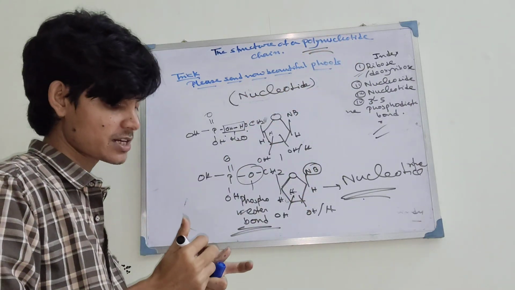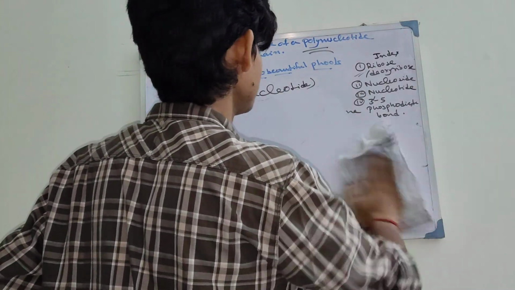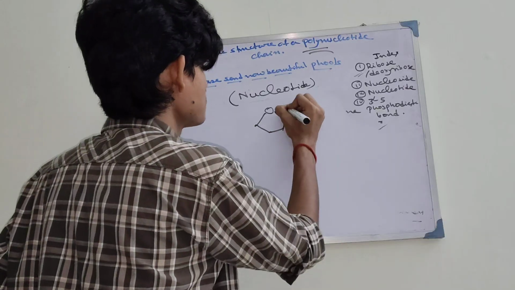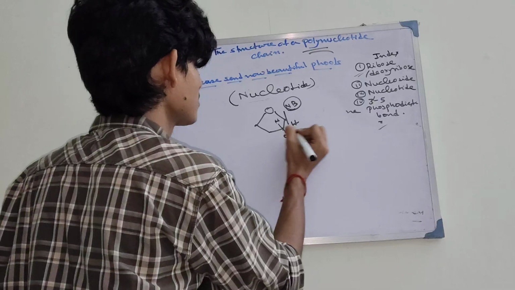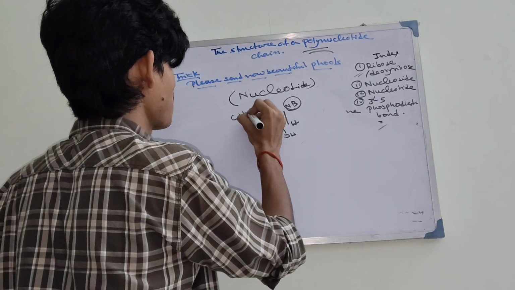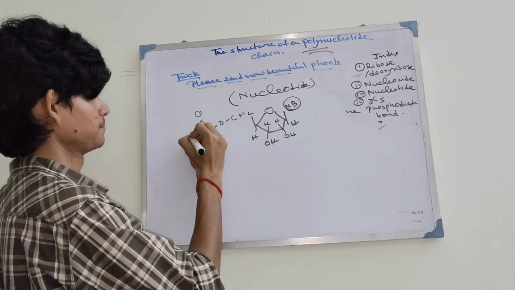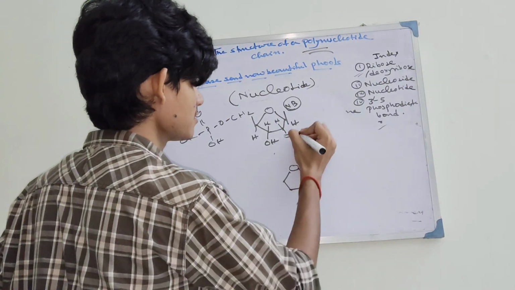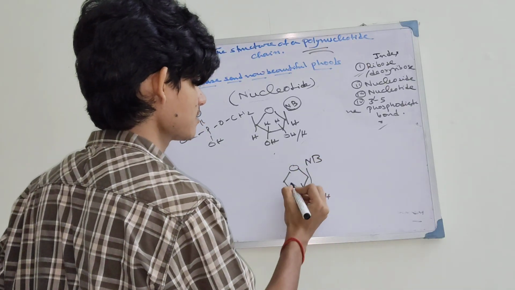Now we move into the polynucleotide. We will join the nucleotides together. So how will they be joined? Nitrogenous base, here always OH. Don't assume, here is also a nucleotide with a nitrogenous base.